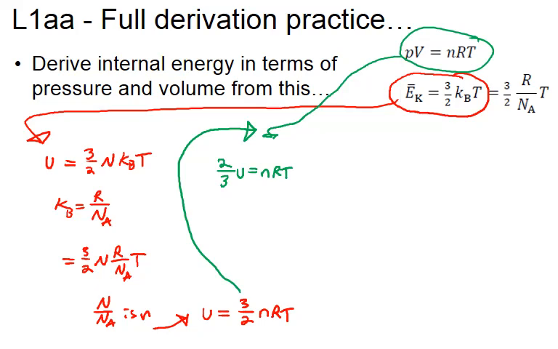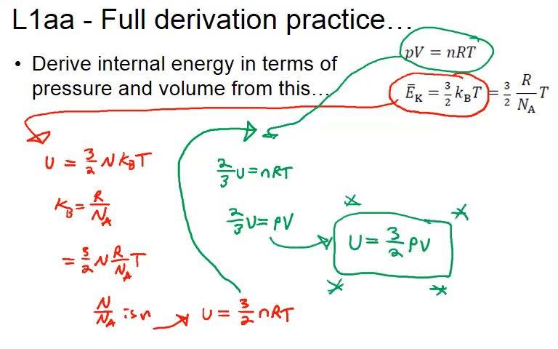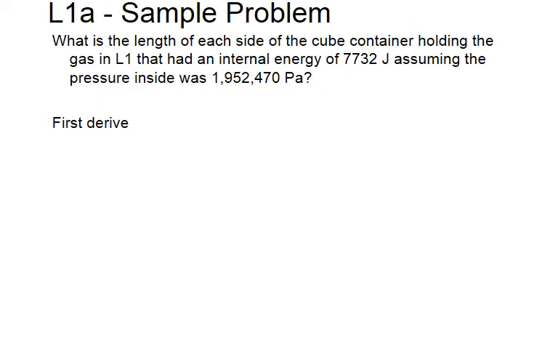And so 2/3 U equals nRT. Then we can replace that with pressure times volume and multiply both sides by 3/2. And there we go. So the internal energy equals 3/2 PV.